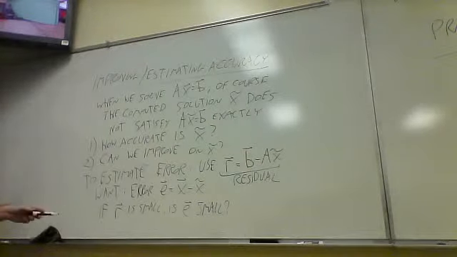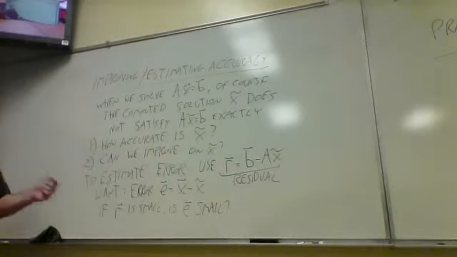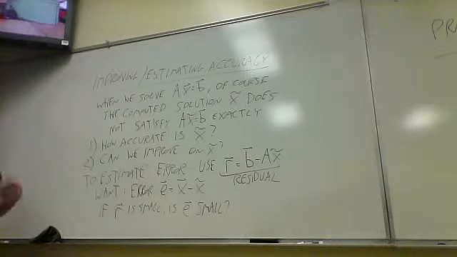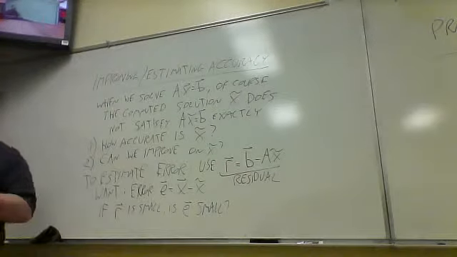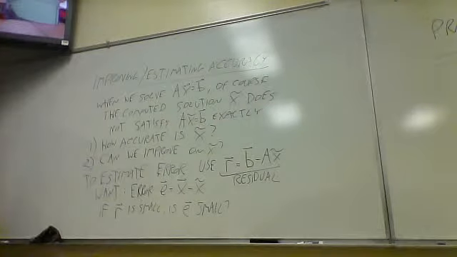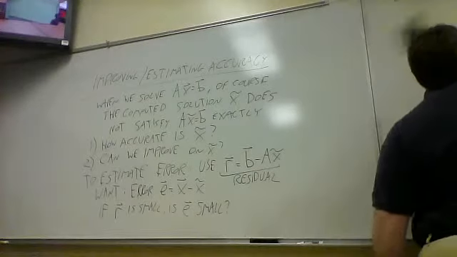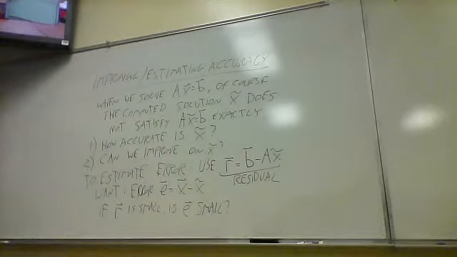Is there some relationship between, for instance, a norm of a residual and the norm of the error that can allow us to make conclusions about whether a small residual actually implies a small error? Okay. So here's how we can get that relationship. It actually comes from the definition of the residual.